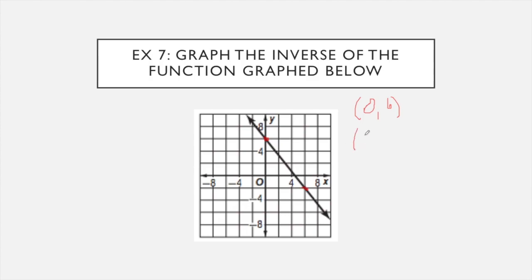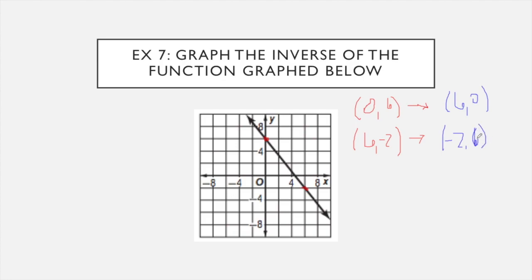So we have that as our second point to focus on. Now we know to get our inverse points, we must do what? Switch the order. So as I switch my color as well, let's flip these around. We get 6, 0 and negative 2, 6.